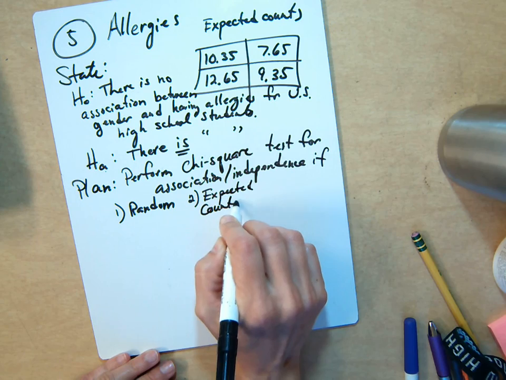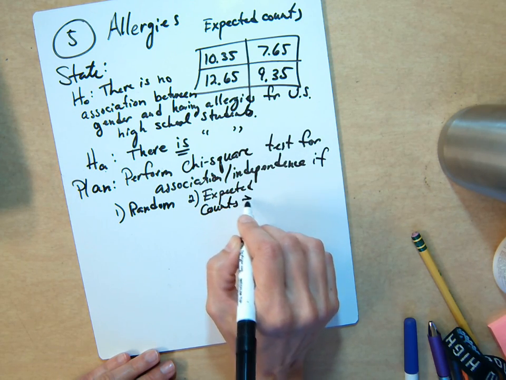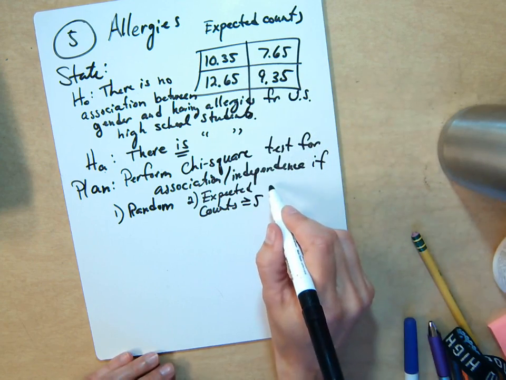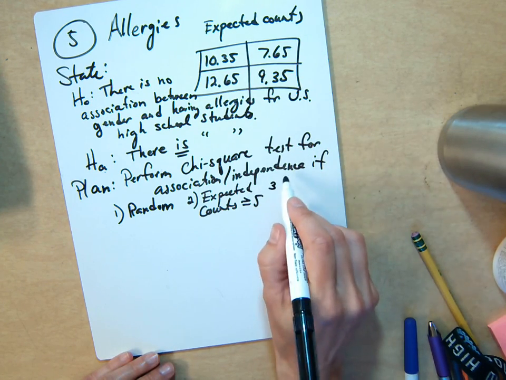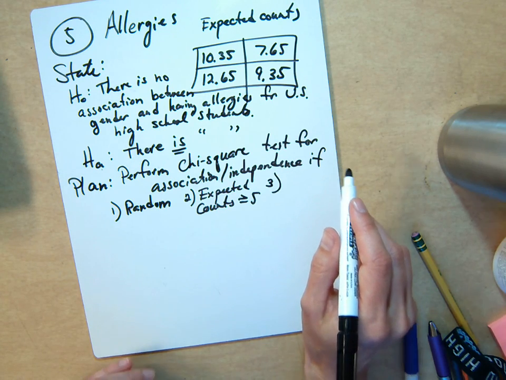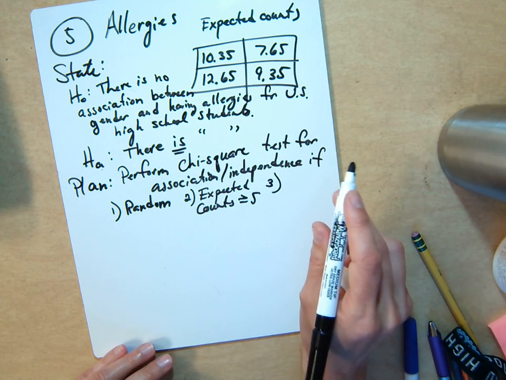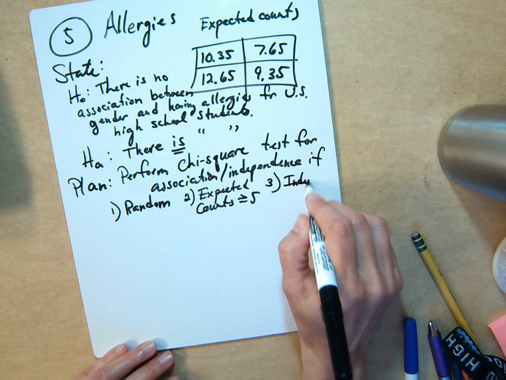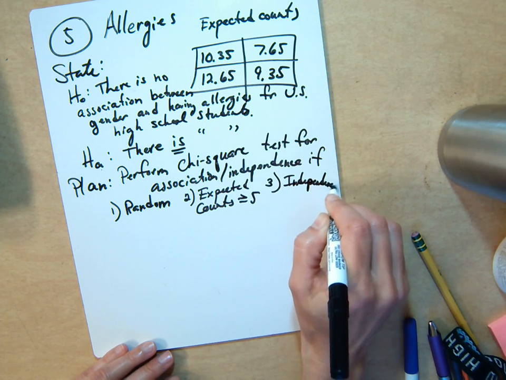And you actually have to compute them, and you can see in the table that they are all greater than or equal to 5. And 3 is we would expect that there are greater than 10 times 40 students, U.S. high school students. So that's our test for independence, the same as we're used to.